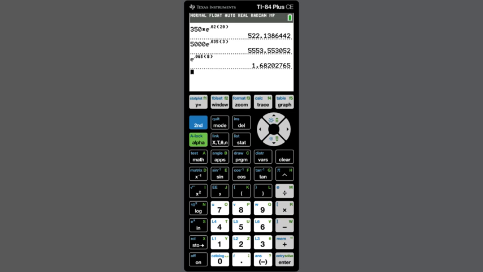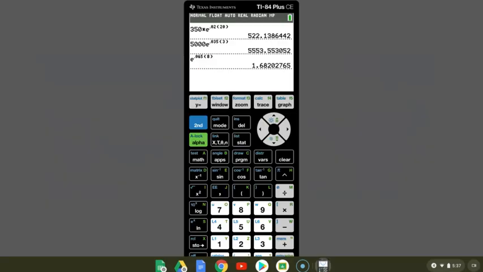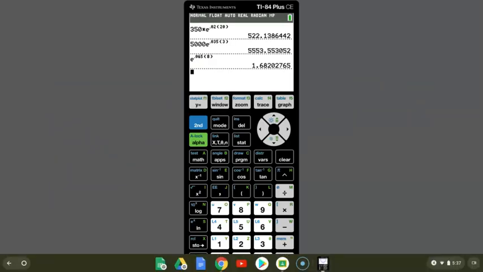You're going to get a long decimal like we've done with all the others. You're going to use the entire decimal because, again, we won't round until the end. So use the whole decimal, 1.68200.2765.